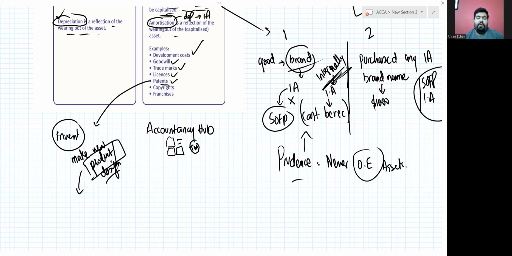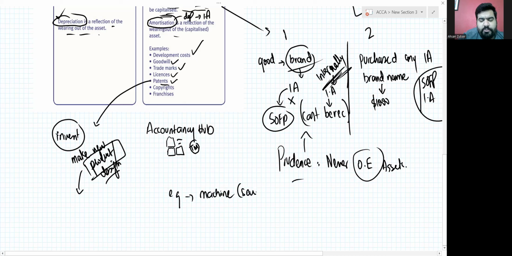For example, if I talk about any machine, any sewing machine, any new design I have launched and made the patent for, I made the machine with the proper new design.